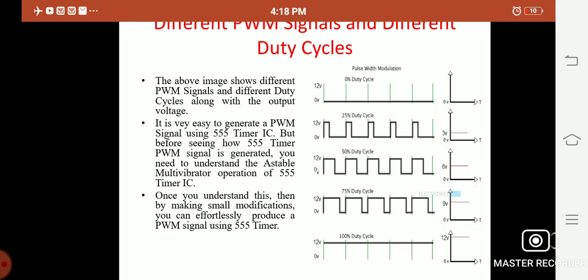So the time period is coincided with the 555 timer, with the duty cycle being the amount of time the pulse stays at high level in one cycle, and how much time the pulse stays low in one particular cycle.